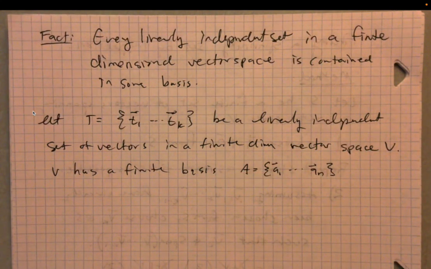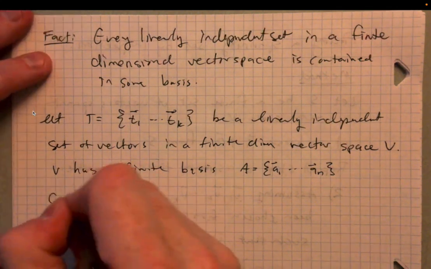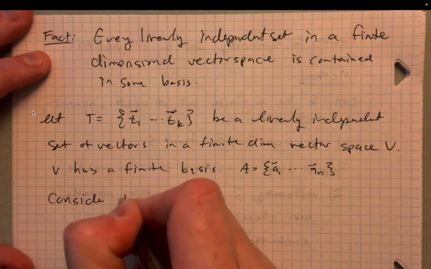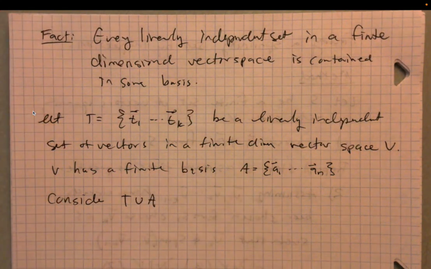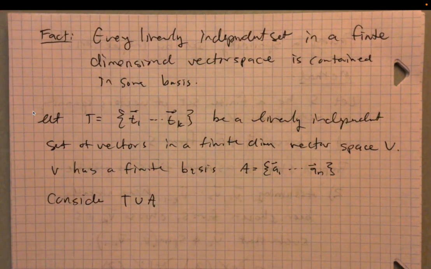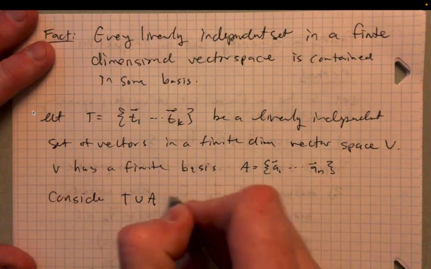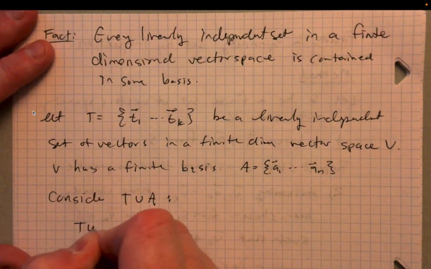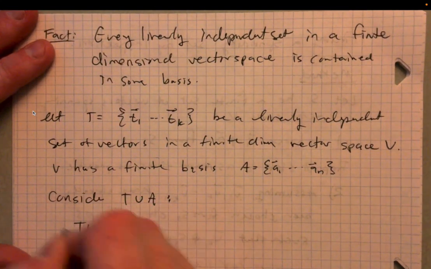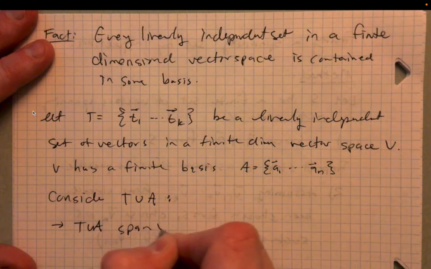Now, consider the set, the union of T and A. Consider that union. So T union A clearly spans V. Why does it span V?